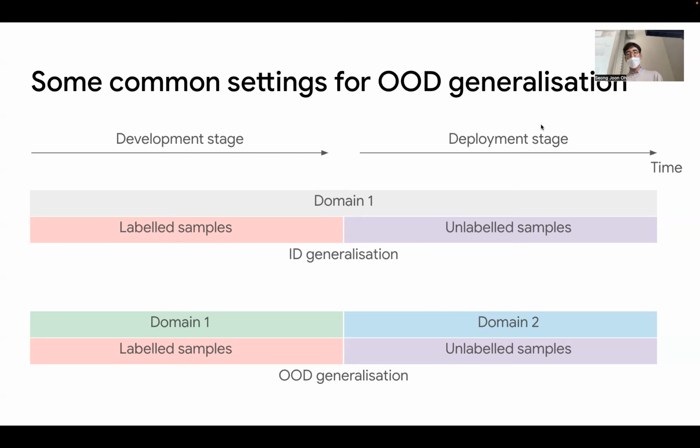But now at deployment, you have unlabeled samples to generalize your model to, okay? Now, OOD generalization generally means you have some domain for development and then some domain for deployment. So you have some different domain and you need to generalize.